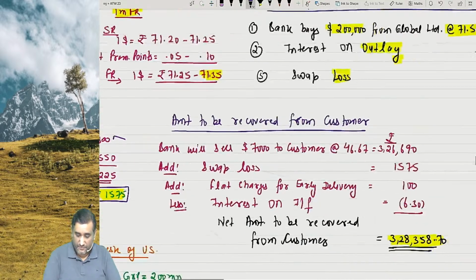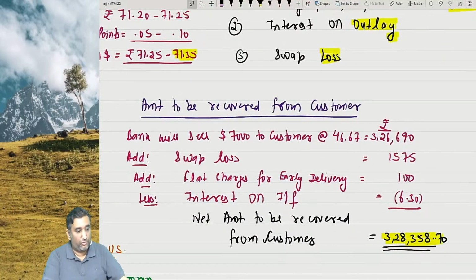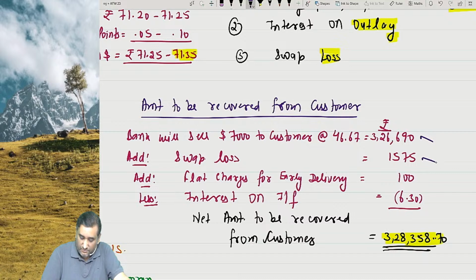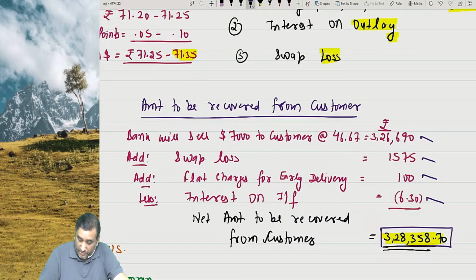It answered. Amount to be recovered from customer. Bank will sell $7,000 to the customer at 46.67. Add swap loss, flat charges, less interest, net amount to be recovered.